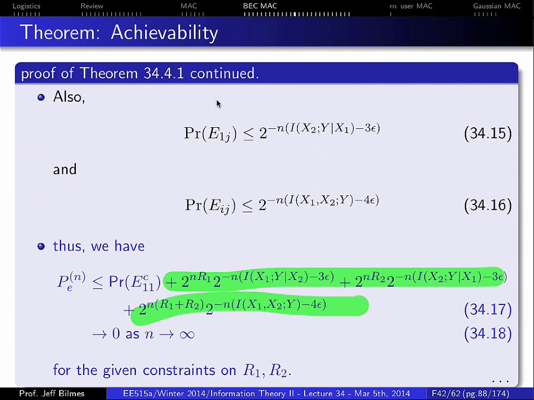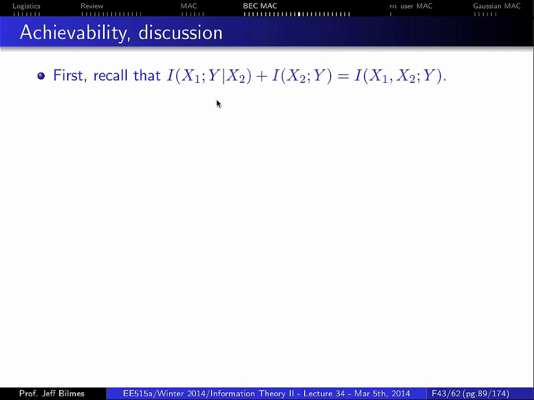But we're saying whenever the rates are strictly less than those values, that basically means that there exists a code that achieves those rates. Any questions?